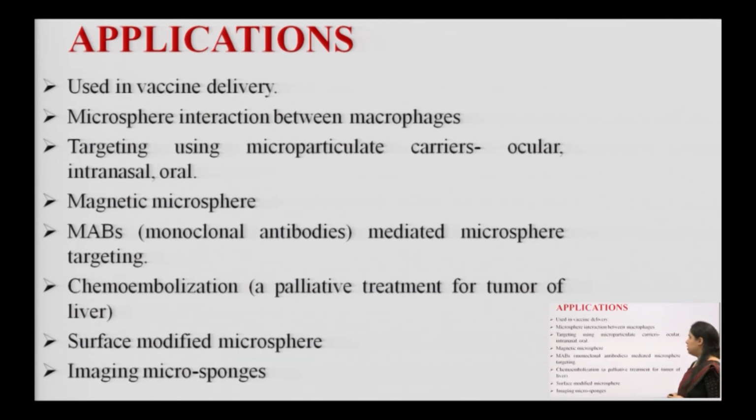Monoclonal antibodies are used in immunotargeting; chemoembolism blocks the blood flow at a particular target area, and the microspheres can release the drug to the affected area. Surface modified microspheres can have gold, silver, copper coating on the microsphere surface. Imaging microsponges are the advanced form.